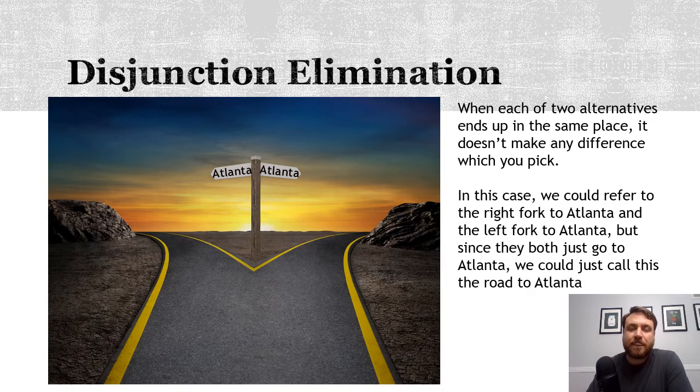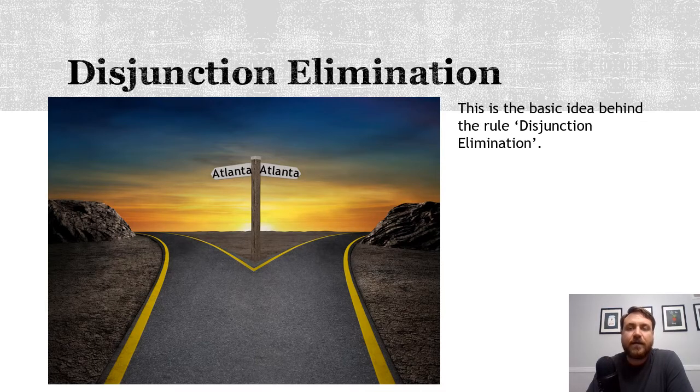So in the case of this illustration, we could refer to the right fork as the road to Atlanta and the left fork as the road to Atlanta. But look, they just both go to Atlanta. We would just call this the road to Atlanta. We don't have to worry about the left road or the right road. They both get to the same place, right?